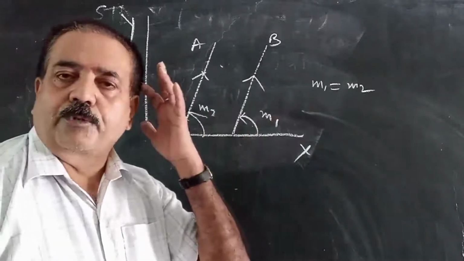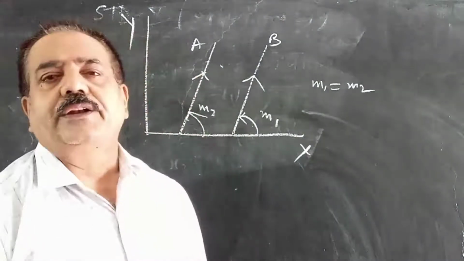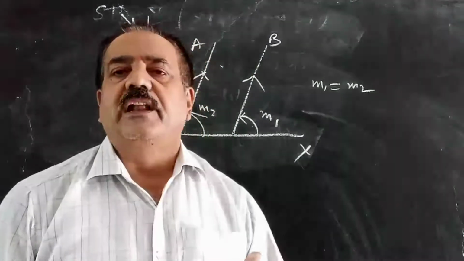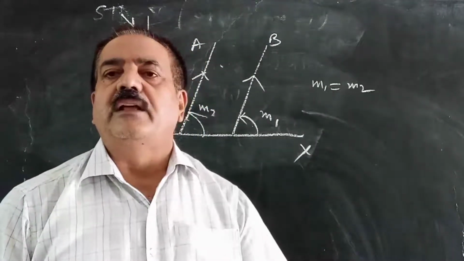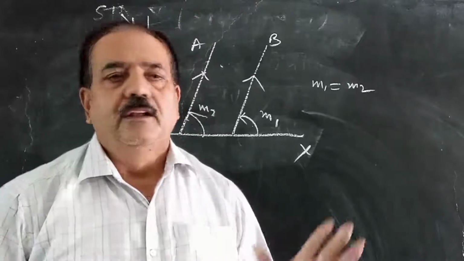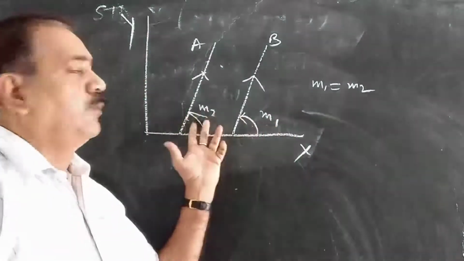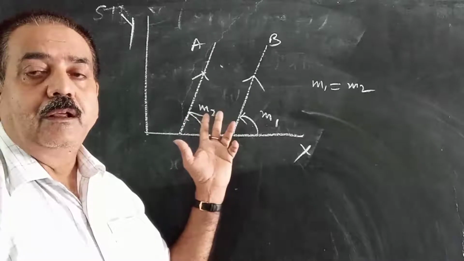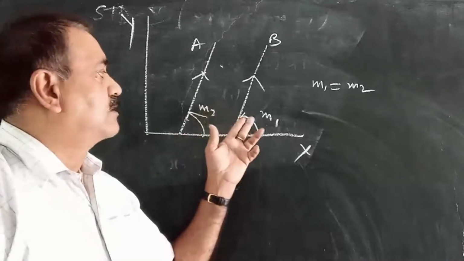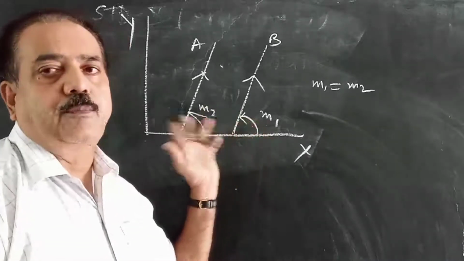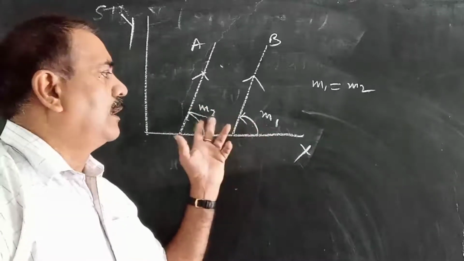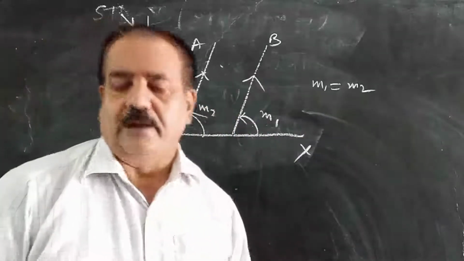And we know if corresponding angles are equal, or alternate angles are equal, or co-interior angles sum to 180 degrees, then two lines are said to be parallel. So here these two angles are equal. You can say slope or corresponding angle. So when M1 and M2 are equal, the lines are parallel.